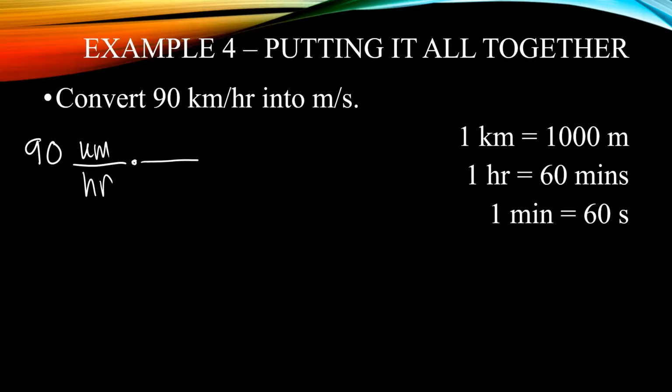So we know that there's 1 kilometer for every 1,000 meters, right? Kilo means 1,000. So my kilometers on the top cancel with my kilometers on the bottom, and now I have the right distance units on the top. I've gotten into units of meters. And now I want to convert these hours in the denominator into seconds.